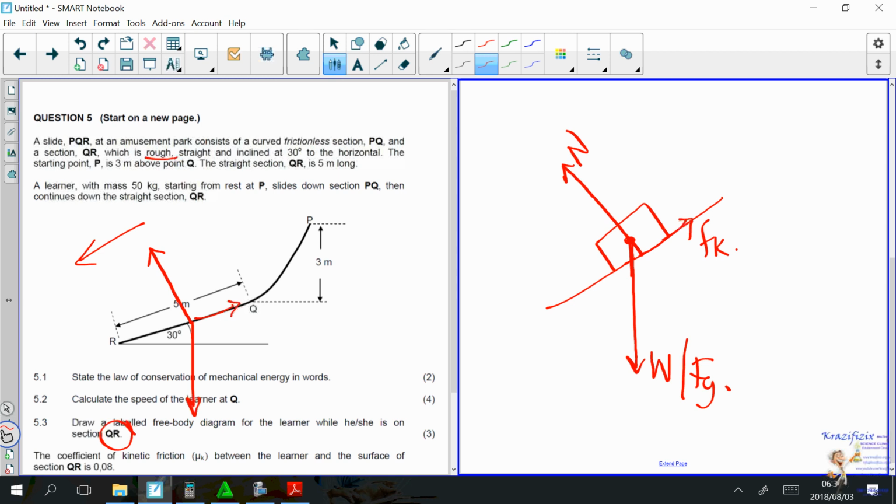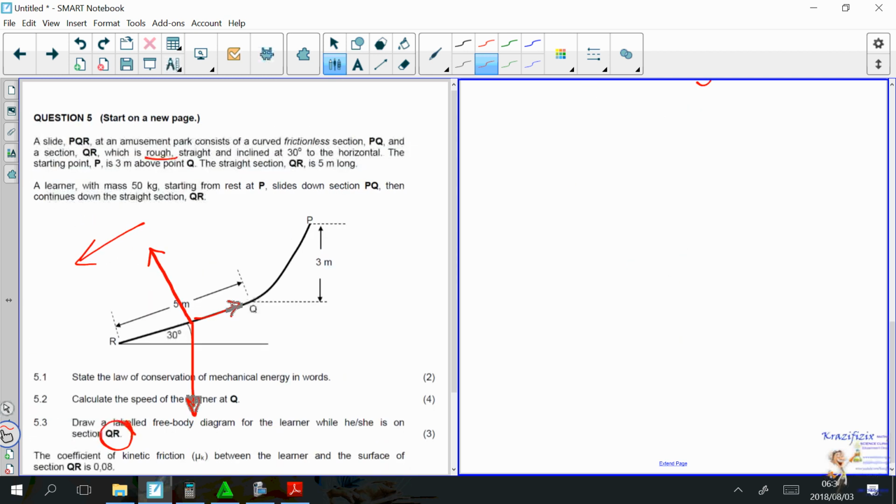Now, having drawn this diagram, it is important not to just run through the calculation. So look at what I'm expecting you to do. Here's your free body diagram: FK, normal force Fn, and Fg.